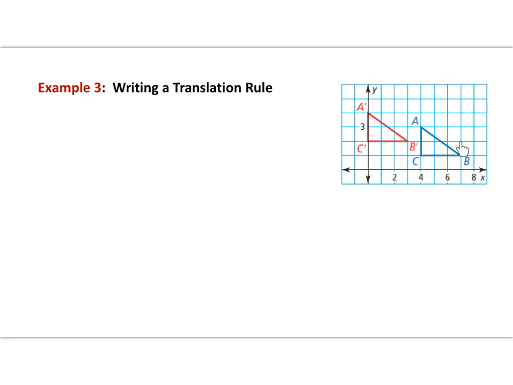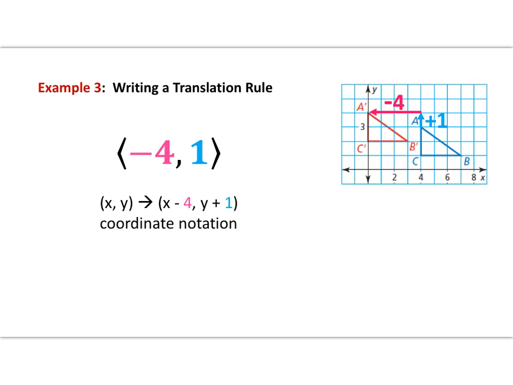And that's true for all vertices, up 1 and left 4. So our vector rule, or component form, would be the pointed parentheses and then -4, 1. Or you can do coordinate notation, which is (x, y) mapped onto (x - 4, y + 1).